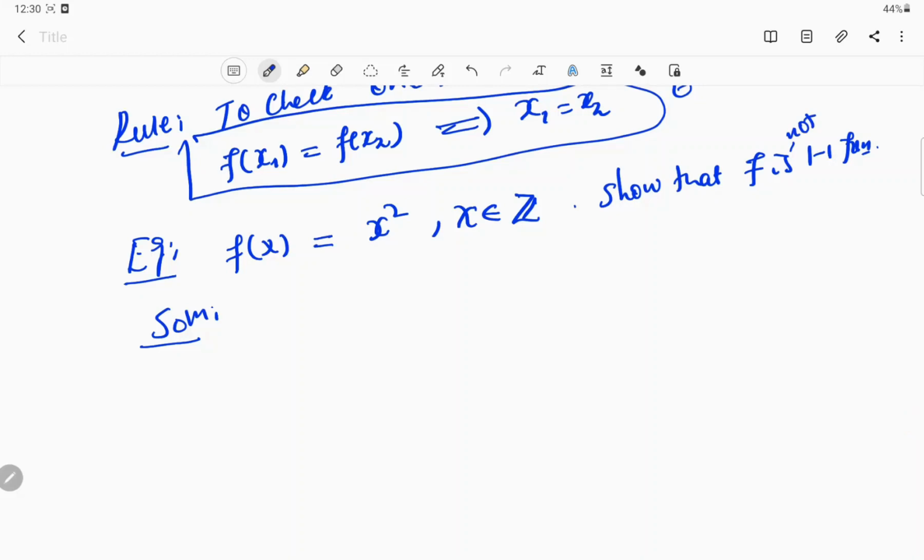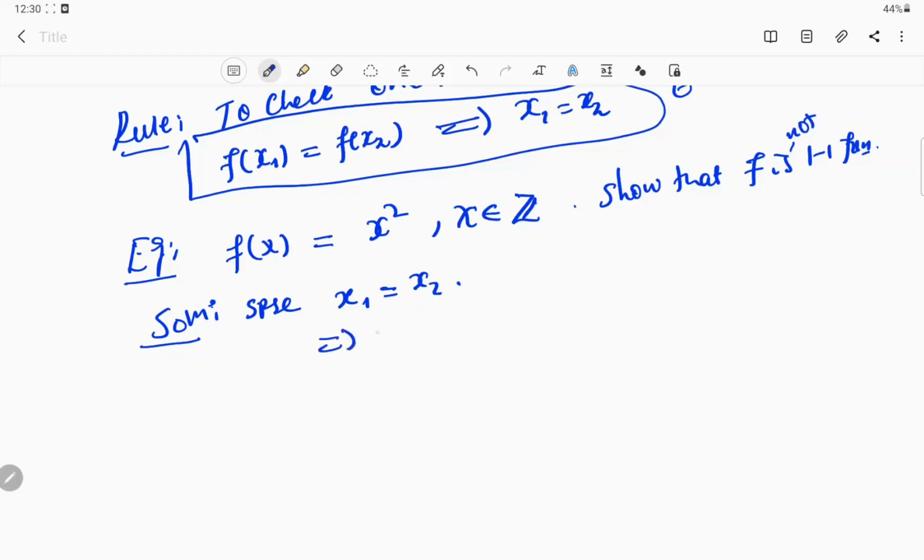First, let's check the well-definedness, or a function being a function. Let's suppose x1 equals x2. Then if you square both sides, it keeps this.